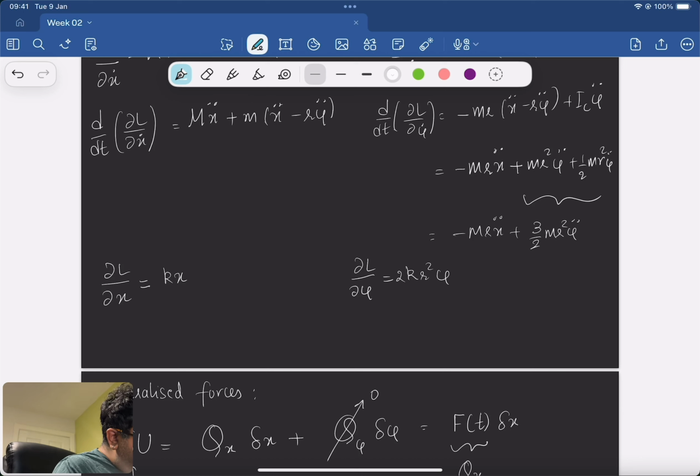Sorry, just to correct my mistake here, in the Lagrangian there has to be a minus here for phi. So just please note that mistake. So there needs to be a minus here when I was solving.